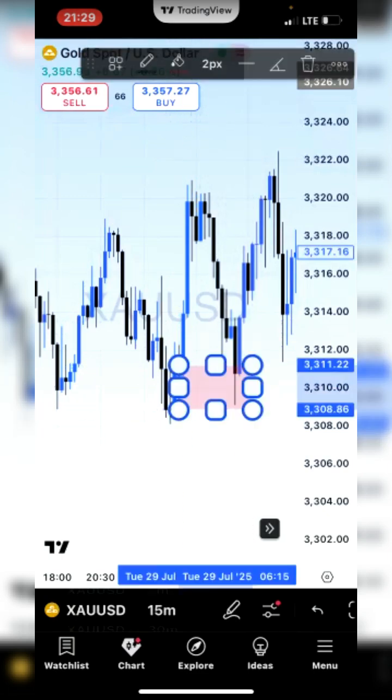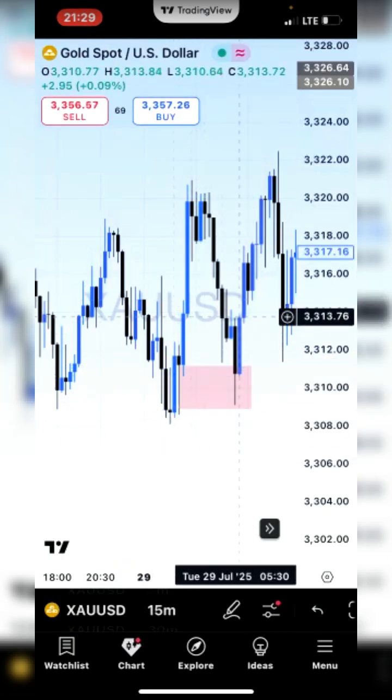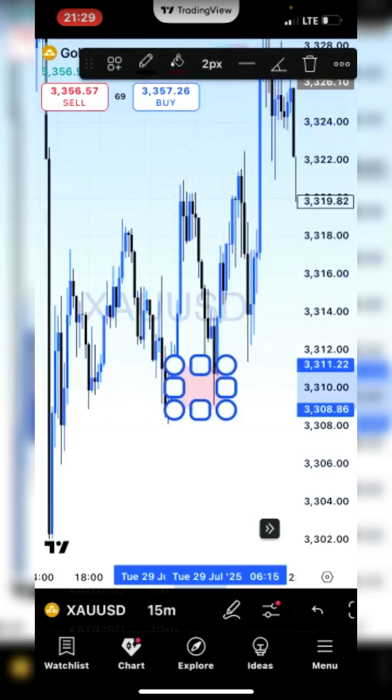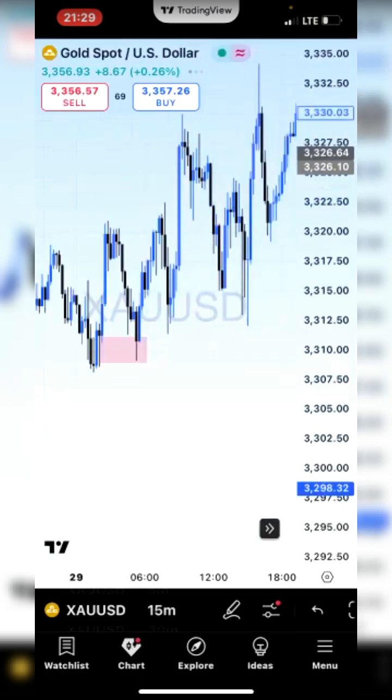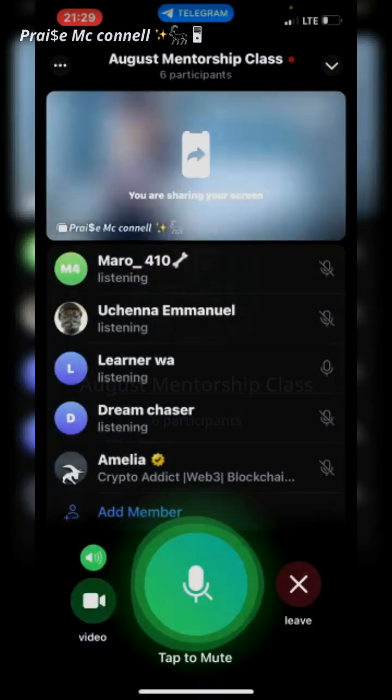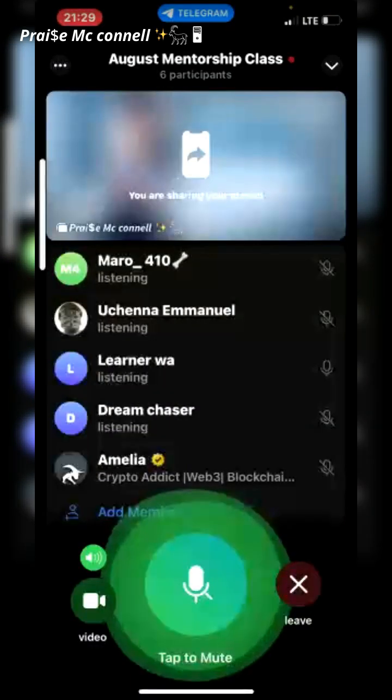You can see this was the invalidation X, and price later came to it and reacted off from it. So I think this is also a perfect example. So do you guys have any questions on this? Any questions?